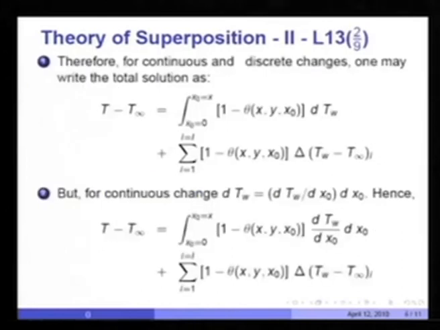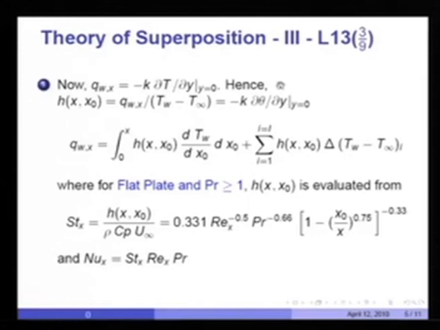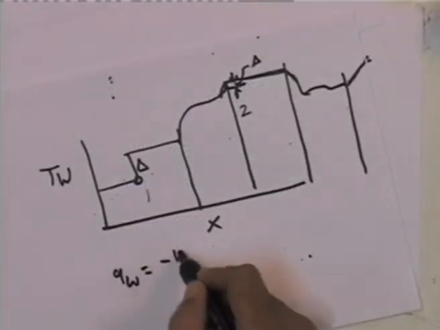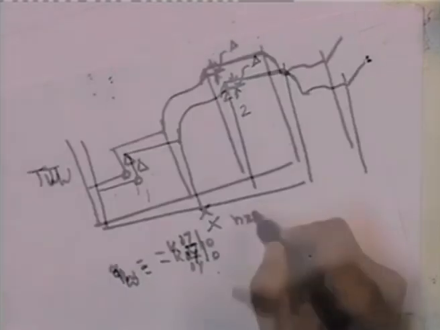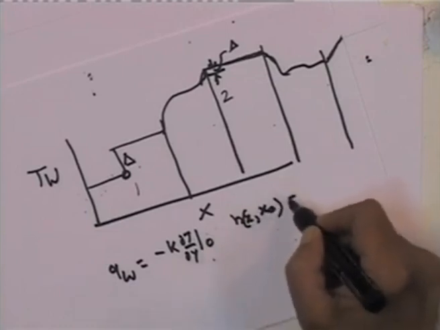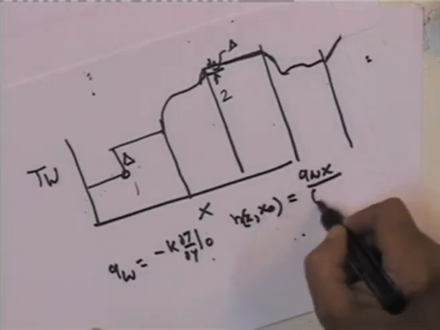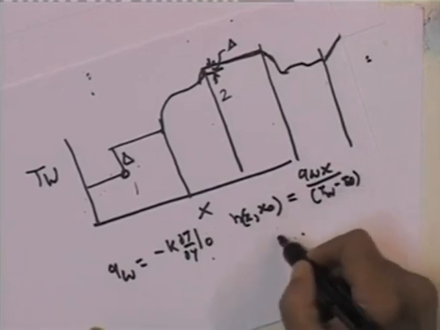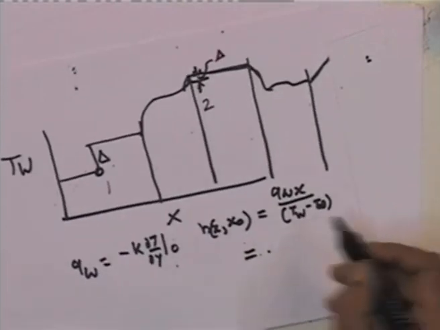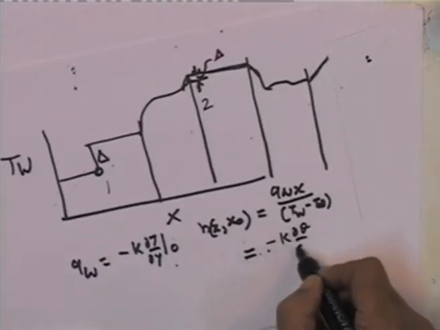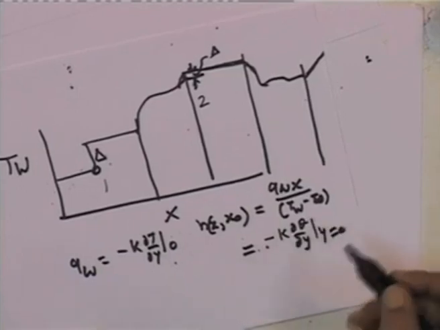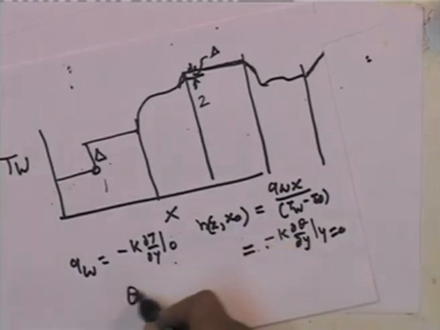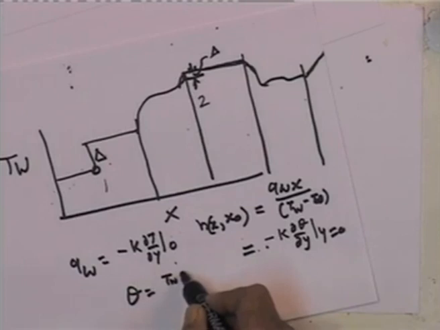If I differentiate this equation with respect to y, dt by dy at y equal to 0 with a negative sign, then q w, remember, q w will be simply minus k dt by dy at y equal to 0. h x x naught will be simply q wall x over t w minus t infinity, and that will become equal to minus k d theta by dy at y equal to 0, because the way we have defined theta, remember, was defined as t w minus t over t w minus t infinity.